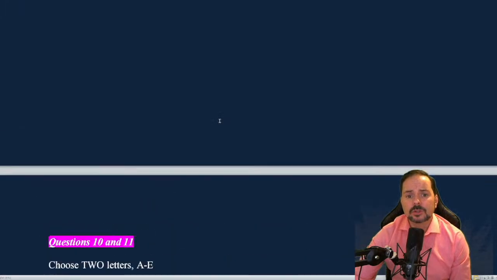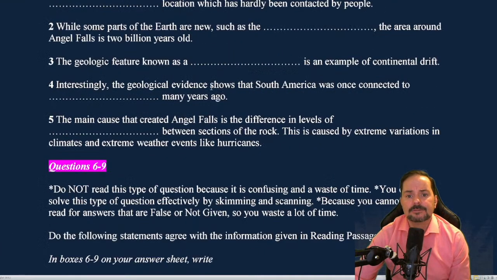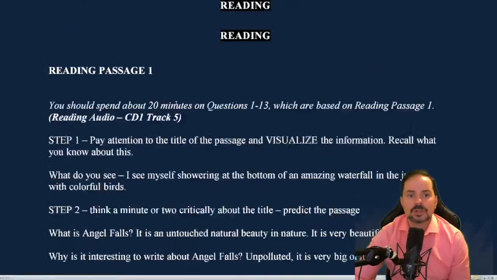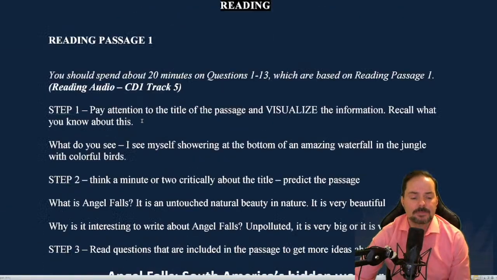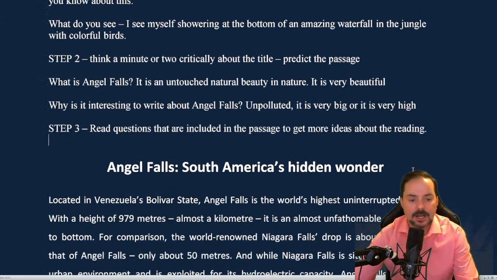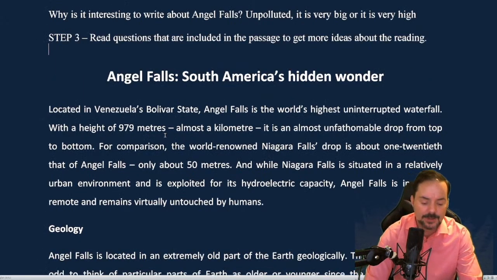Okay, so we looked at the questions. So we definitely got some more information about what this passage will contain. So if I go back to the top of my reading here, all right, we read the questions and I got a couple more ideas about what this passage will have so I can be a little bit more visual, okay?